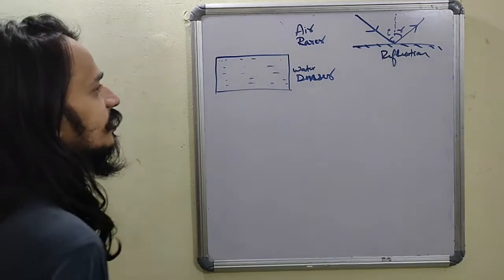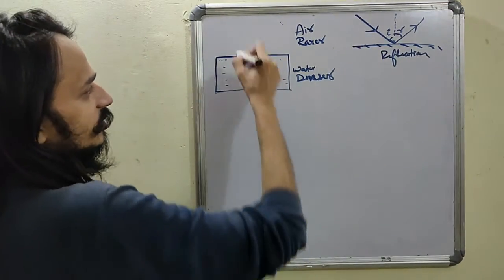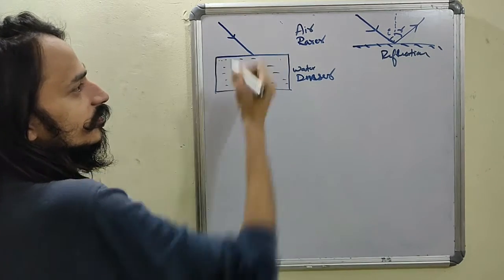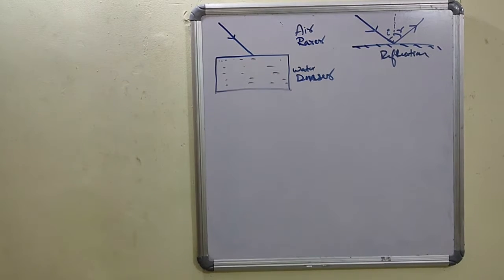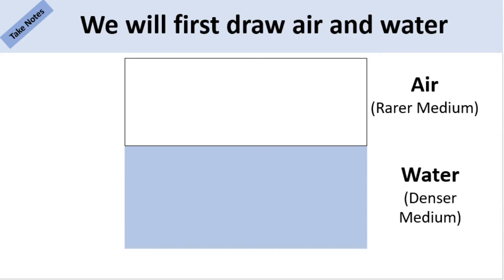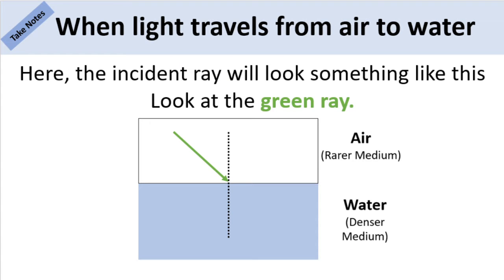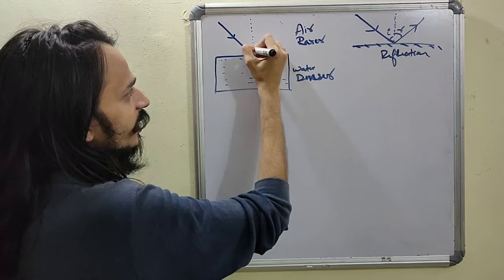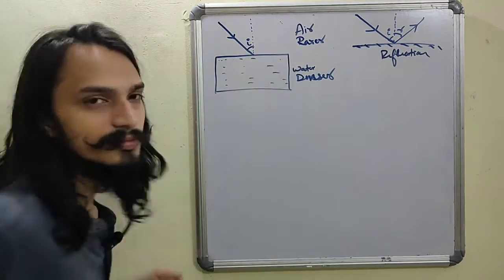Now, say that we'll try to imagine the same case over here. There is an incident ray like this. Some light traveled like this, hit the surface of the water. Now generally what we do, we'll draw a normal like this at the point and say this is angle of incidence.